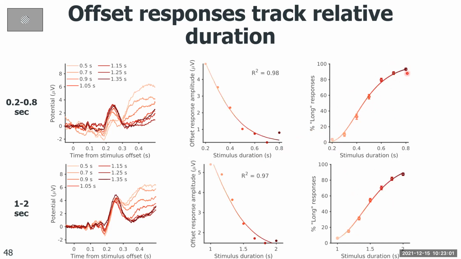We got, again, very good fits to the behavior and almost perfect fits to the EEG. For the short block, we got an R squared of 0.98, and for the long block, we got 0.97. So the model tracks decisions both in the short intervals block as well as the long interval block.